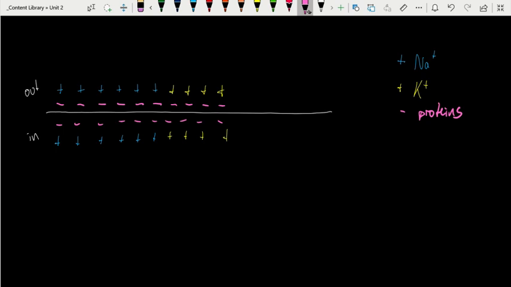Well, why then is our first step to setting up resting membrane potential to run the sodium-potassium pump? If you recall from our previous discussion, one of the key purposes of primary active transport is to establish gradients.